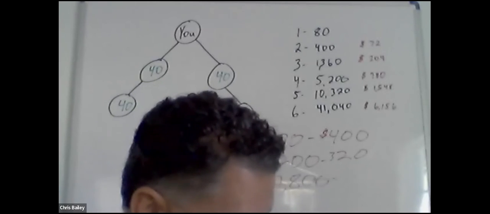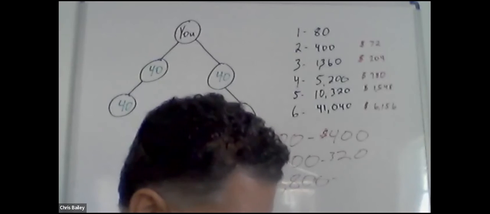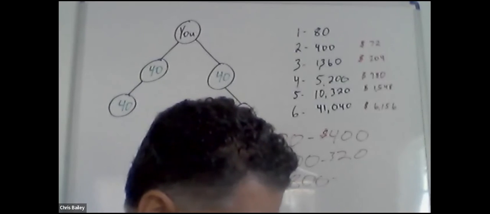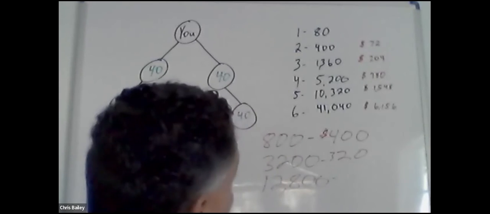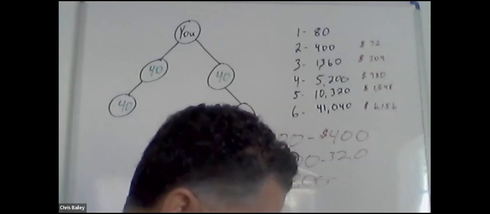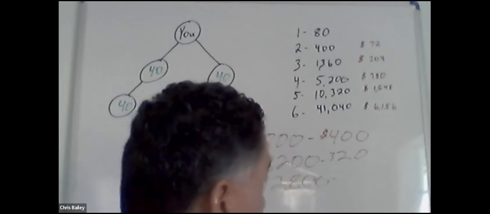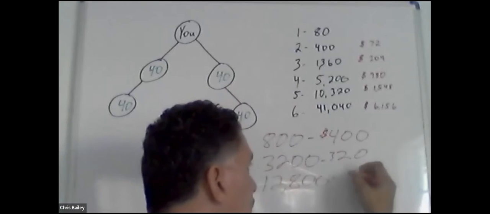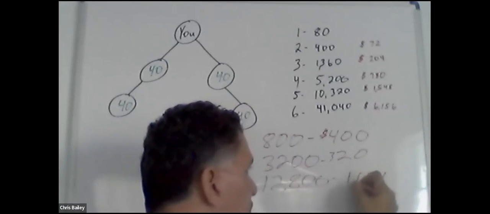Hold on, I got my calculator right here. So we got 12,800 times 0.08. That's $1,024 in jumpstart bonuses.